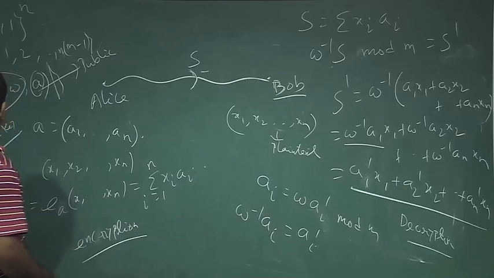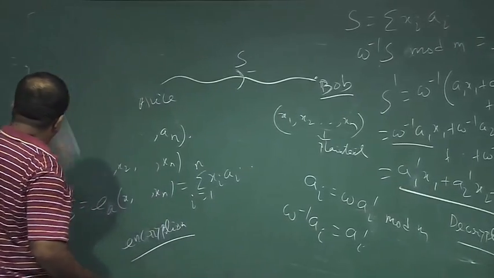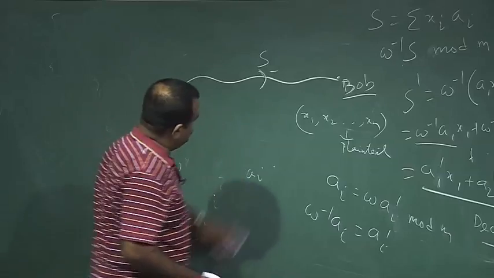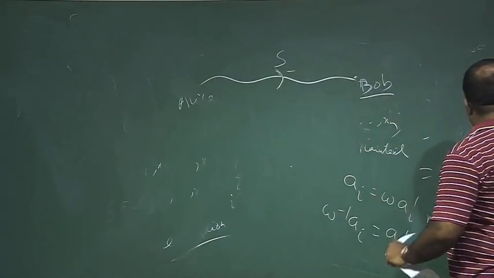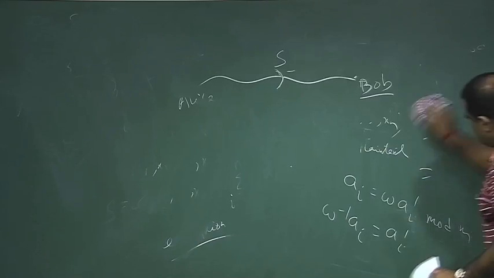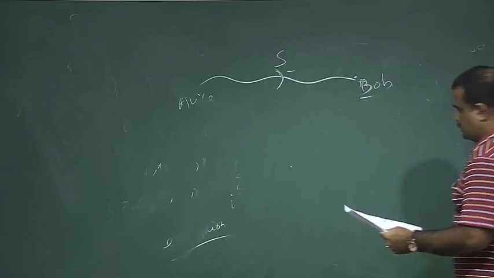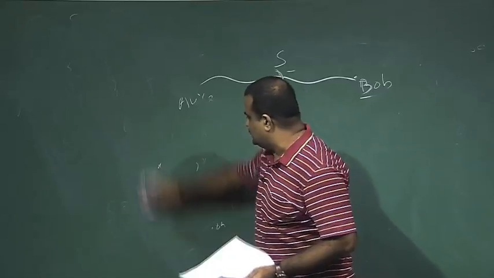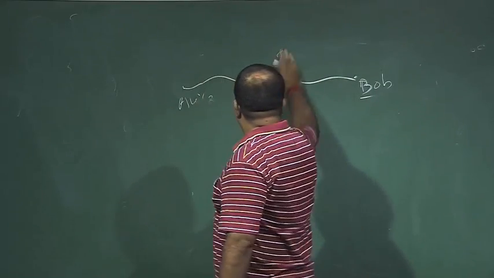Okay. Now, let us take a quick example. Because Alice wants to send a message to Bob, this setup has to be done by Bob.